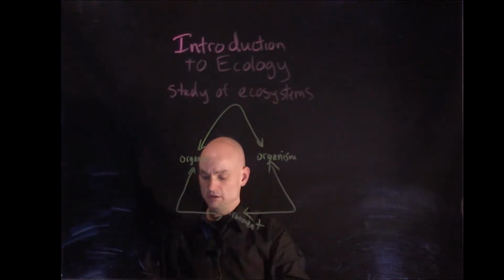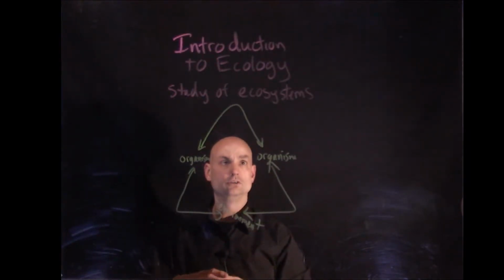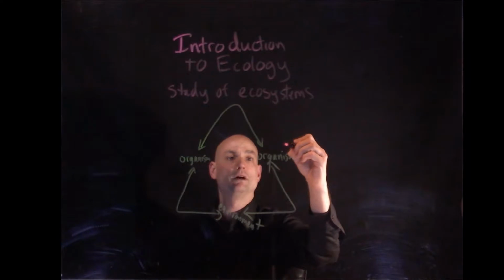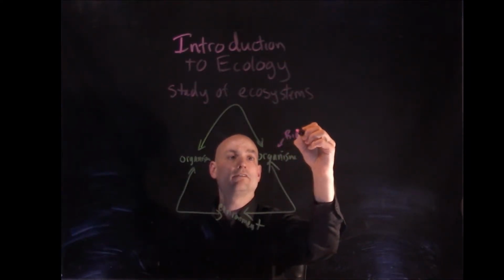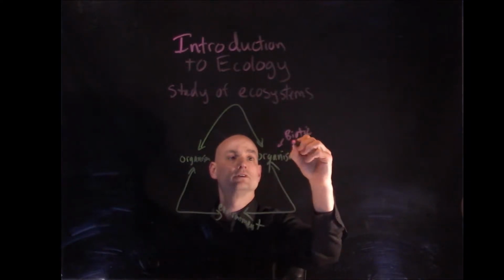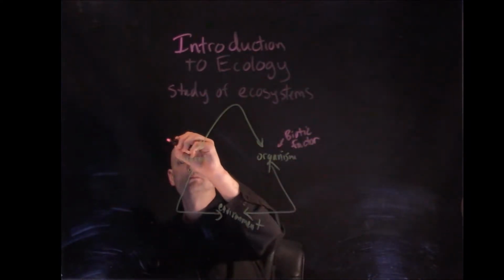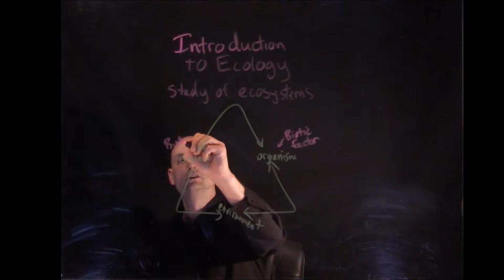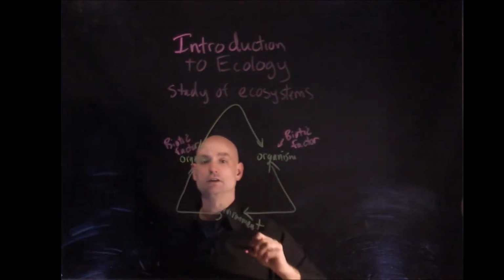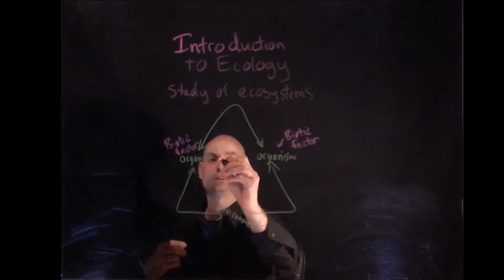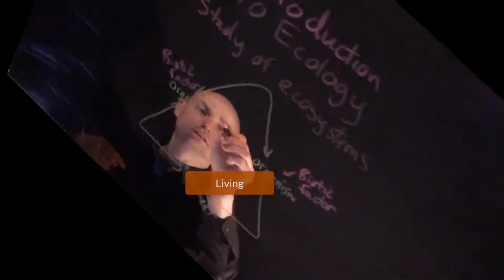Okay, so inherently in here, we're going to be talking about two different types of things. We're going to be talking about organisms, which are what we refer to as biotic factors. And here's another biotic factor on here. Biotic simply means living. It's a living thing. These are living.